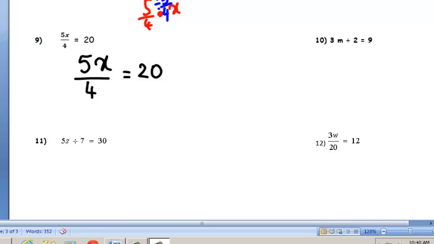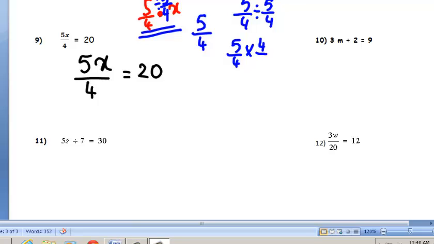So far with me? Now, instead of putting it this way, divided by 5/4, since dividing by 5/4 is nothing but keep, change, flip, I'm just going to go ahead and say multiplied by 4 over 5.